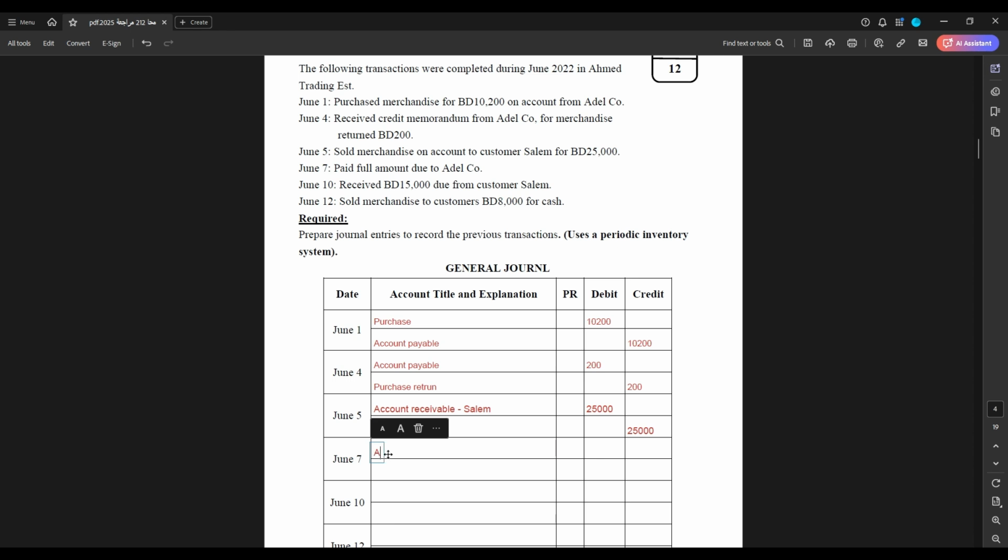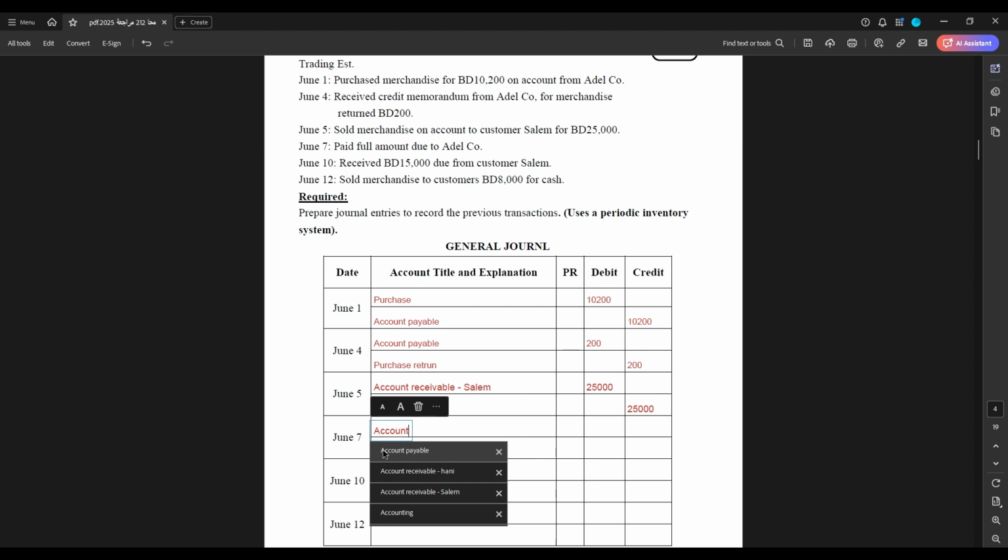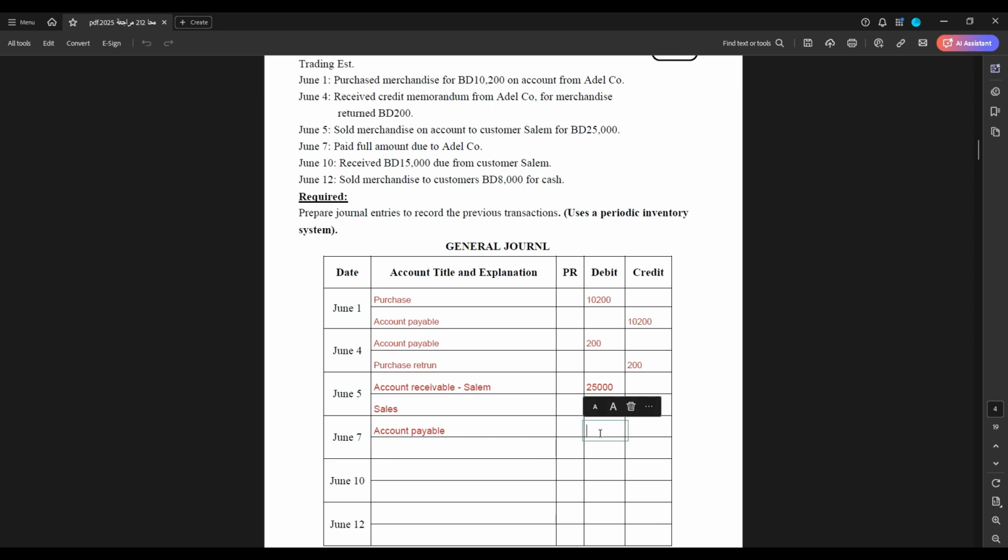So accounts payable debit 10,000 and credit cash 10,000. How to calculate the remaining amount? We had a purchase of 10,200 minus purchase returns of 200. The remaining amount will be 10,000.